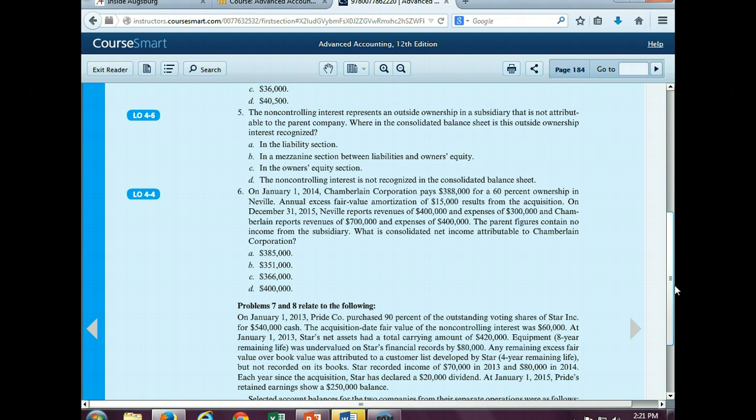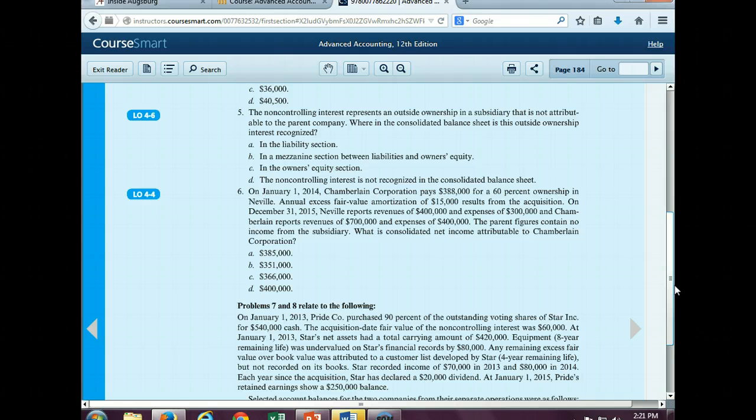Then how much net income came from the subsidiary? Wasn't it 100? The income just from the revenues minus expenses, just from the subsidiary. Yeah, it is 100. 4 minus 3. Okay?